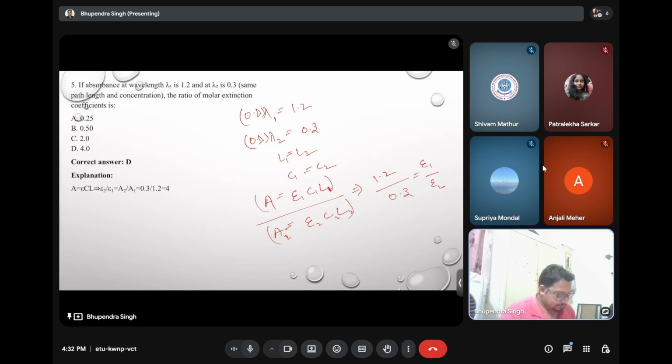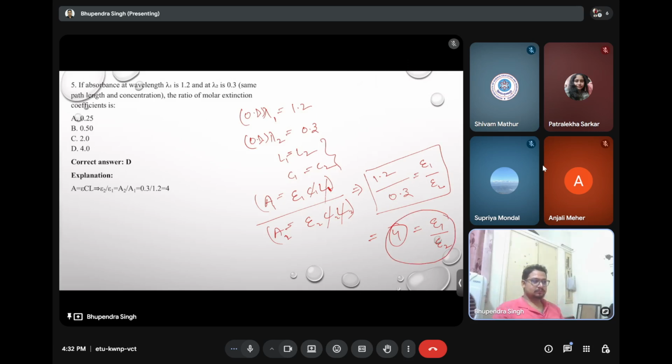So these are the same, C1 equal to C2, L1 equal to L2. The ratio you will get, what is the ratio? I think it is 4. Fine, right? This is simple. Yes, okay, everybody got it.